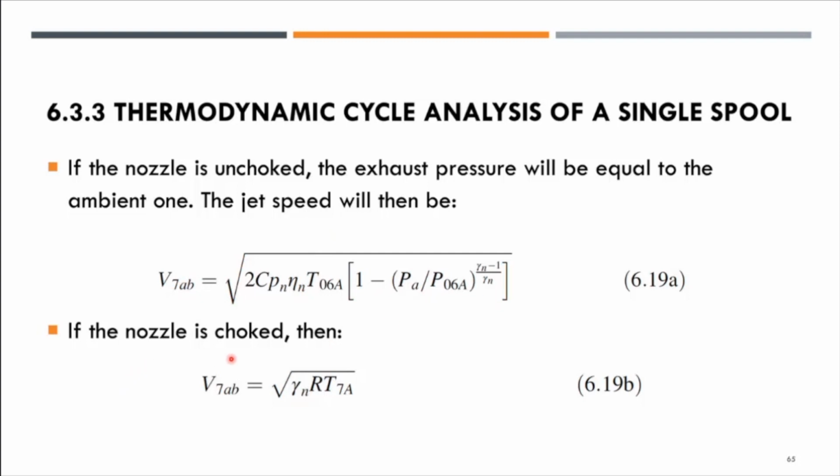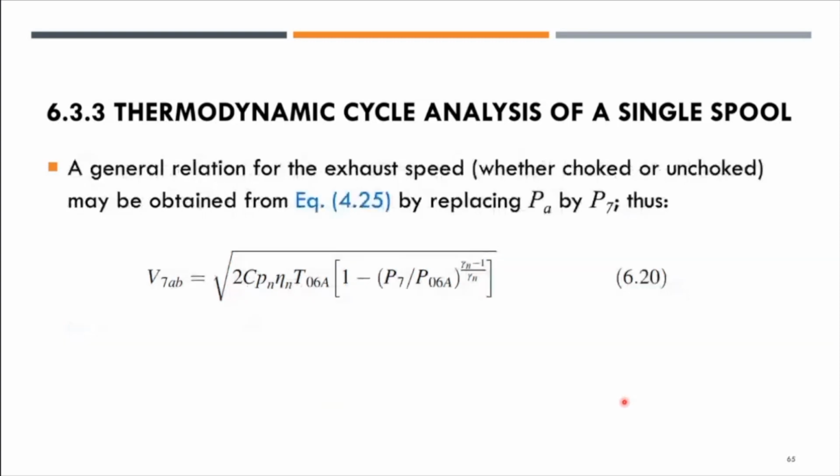If the nozzle is choked, where the air cannot be further accelerated, the equation is expressed in 6.19B. A general relation for the exhaust speed, whether choked or unchoked, may be obtained from our previous lecture, equation 4.5, by replacing PA by P7. This is expressed in equation 6.20.